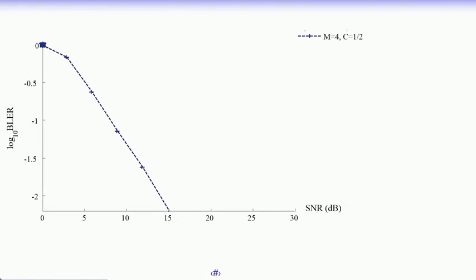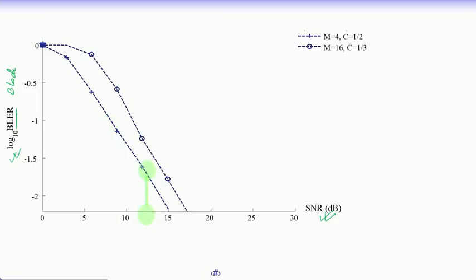So, what we have just explained is we have the graphical representation of a similar thing, that if this is the SNR axis and this is the error probability curve, and when we have the BLER, we mean the block error rate, probability of an entire block going into error. Okay. So, these are for different modulation and code rates, and generally as your SNR increases, your error probability decreases.